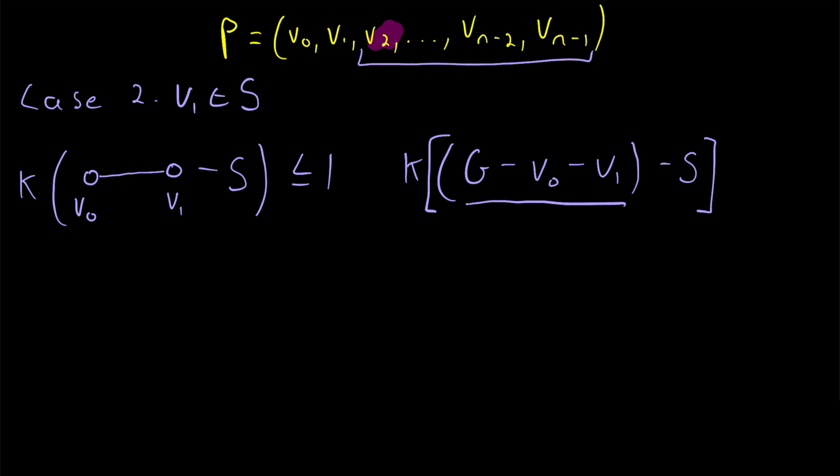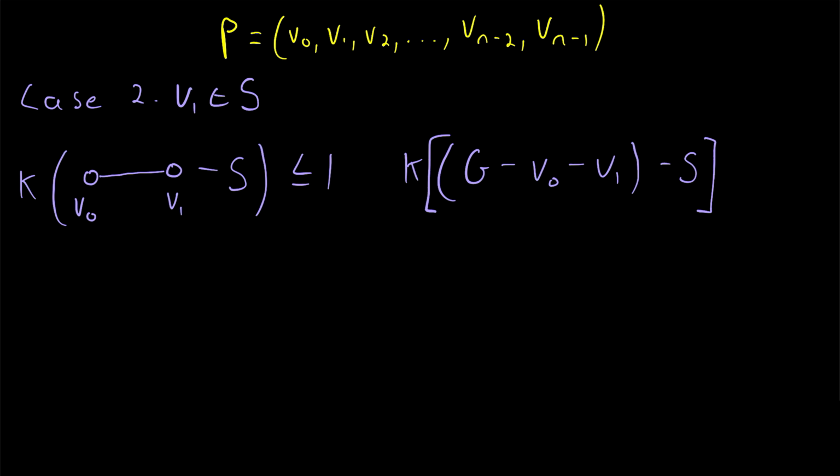Because of course all of these vertices from V2 up to Vn minus 1 are the vertices of this graph. So we can apply our induction hypothesis. If we delete any k vertices from this graph, the resulting graph can have at most k plus 1 components.